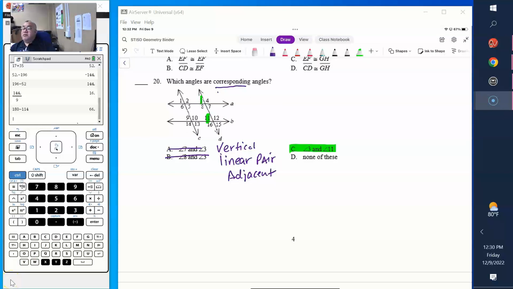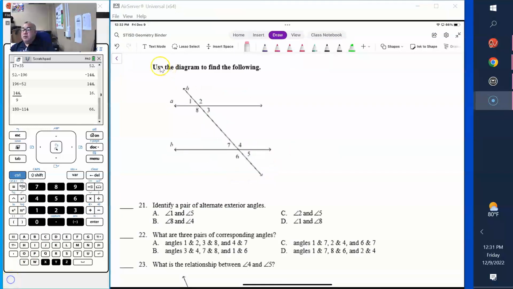So we'll be going to the next one. Use the diagram to find the following. What are the 3 pairs of corresponding angles? So we're looking for corresponding angles. 1 and 2 are adjacent because they share a common side. So A is going to be wrong. Angle 3 and angle 4 are same-side interior angles.